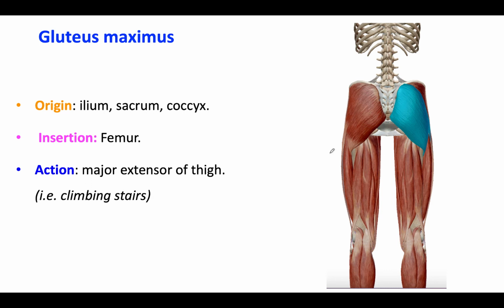Now let's take a look at the origin. The origin is quite big, and part of it is on the ilium, and then the sacrum and the coccyx bone all the way down. And it inserts at the femur.